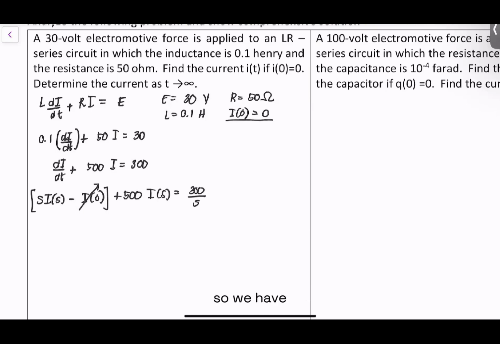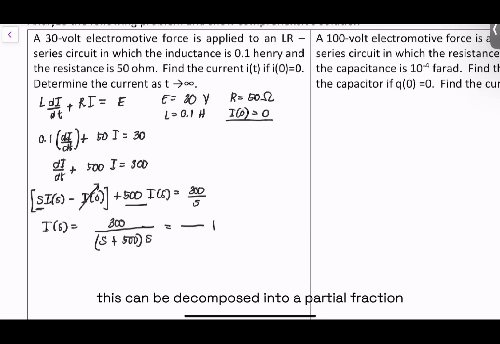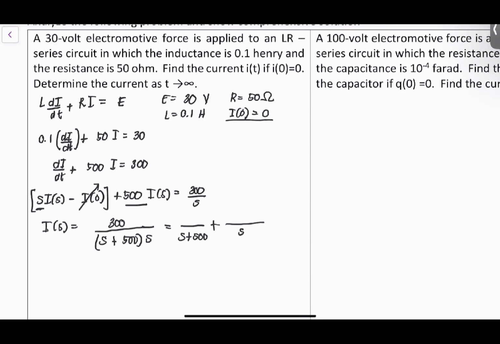So we have I of S is equal to 300 over (S plus 500) times S. This can be decomposed into partial fractions with the denominators S plus 500 and S.